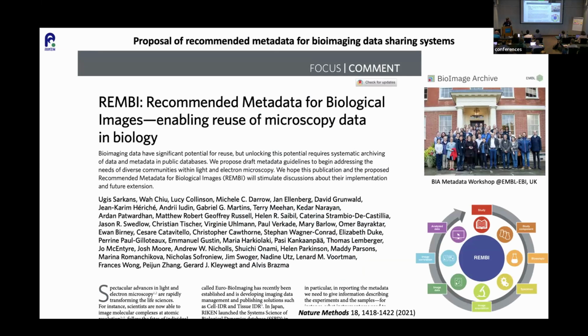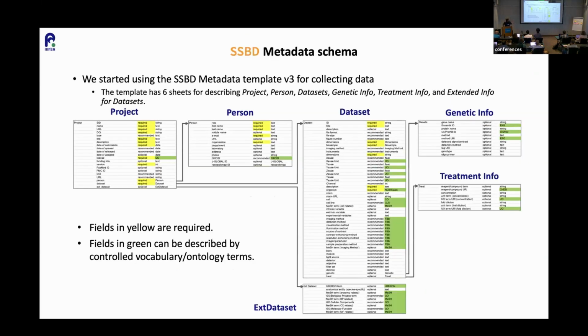As you know very well, as REMBI, we discussed and proposed a framework, but unfortunately REMBI is just a framework, and everybody can work using a different kind of metadata set. This is an example, the SSBD metadata schema.